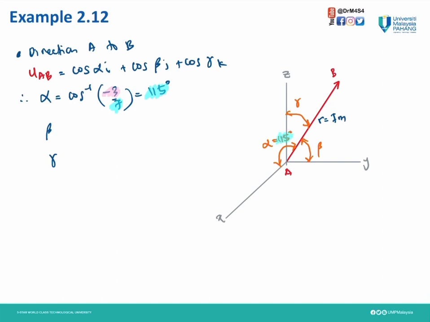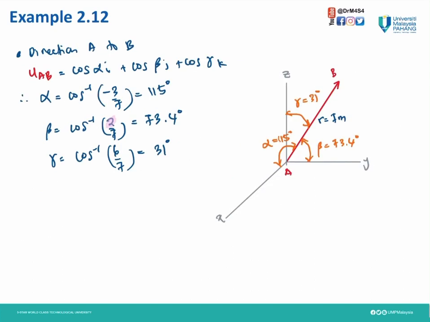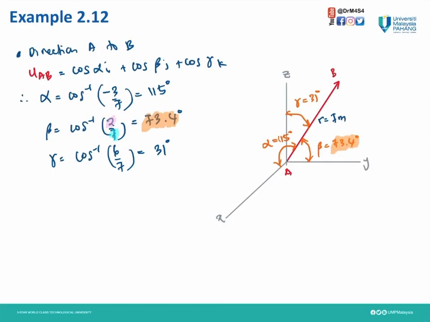Then do the same for beta. 2 divided by 7, cos inverse. So we get our beta is 73.4. Then for our gamma, 6 divided by 7. So we get our gamma is 31 degree.